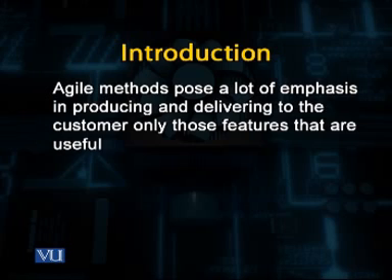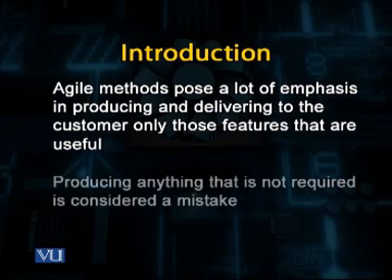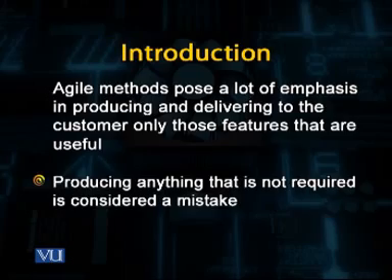And there are a lot of intermediate products that are developed as part of the software development effort. Producing anything that is not required is considered a mistake in agile methodologies, in agile approaches. So this is one of the very important and significant differences from our traditional software development approaches.